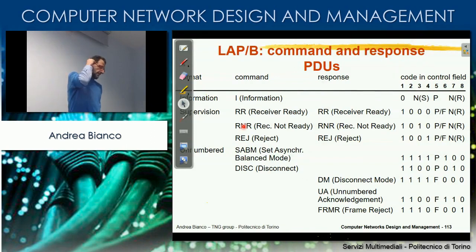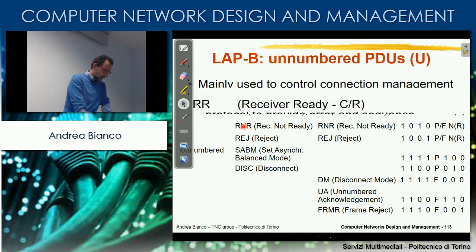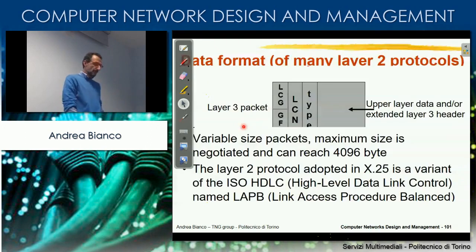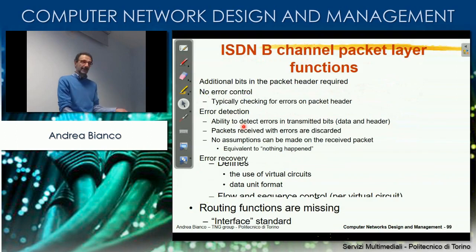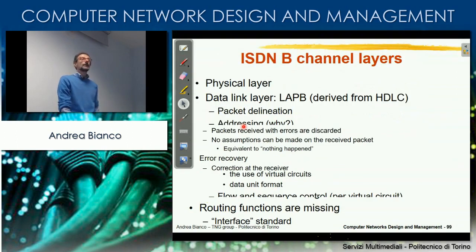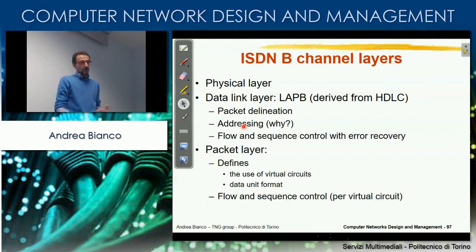I forgot something, and the something that I forgot is about flow control. I told you at the beginning that, where is it? Here, there is flow control, both on the data link layer and layer 3.